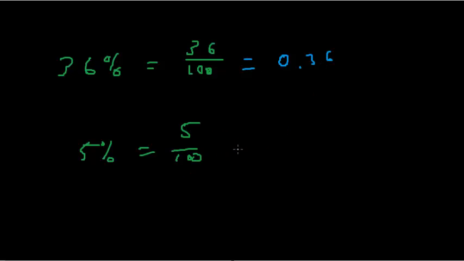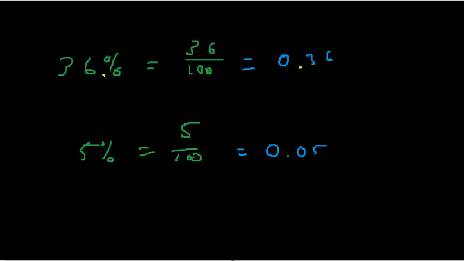Or 5 over 100 is 5 hundredths, or 0.05. What we then can see is this pattern, right? 36% is the same as 0.36. That decimal that was right here got moved right here.